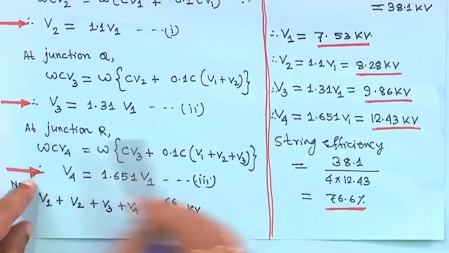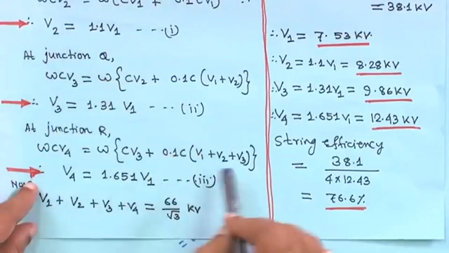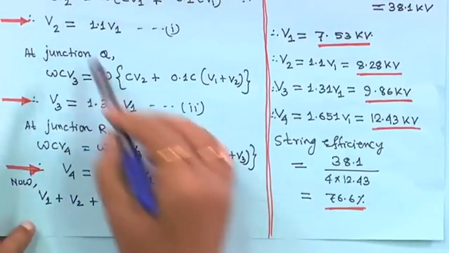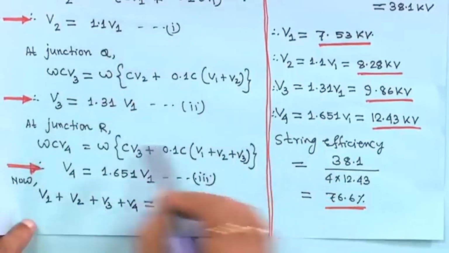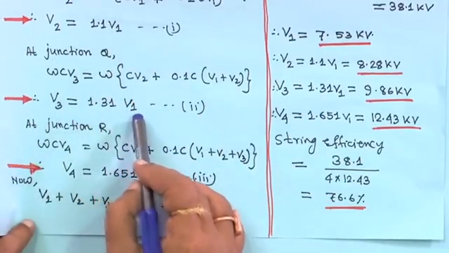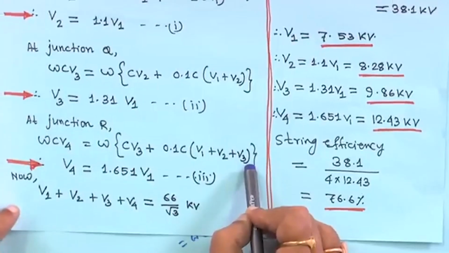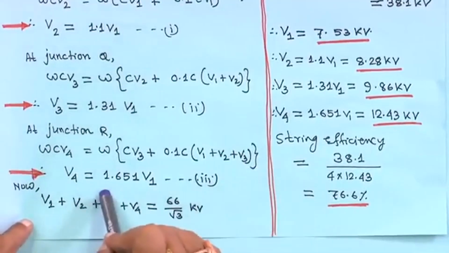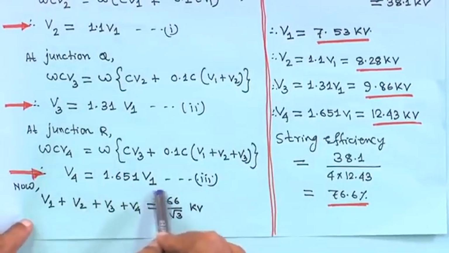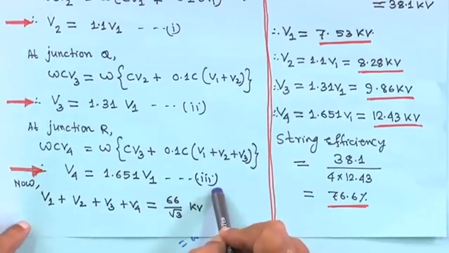Again, you substitute the expressions of V2 and V3 here, V2 is equal to 1.1 V1 and V3 is equal to 1.31 V1. If you substitute, you will get V4 is equal to 1.651 V1, this is equation 3.